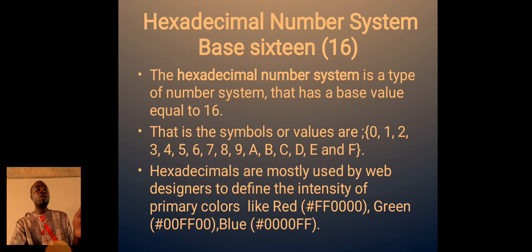Because we started with 0, 9 makes it 10 digits. For us to go further, we no longer use numbers. Numbers end there. After numbers, the next things are what? Letters. So 10 is A, 11 is B, 12 is C, 13 is D, 14 is E, and 15 is F.